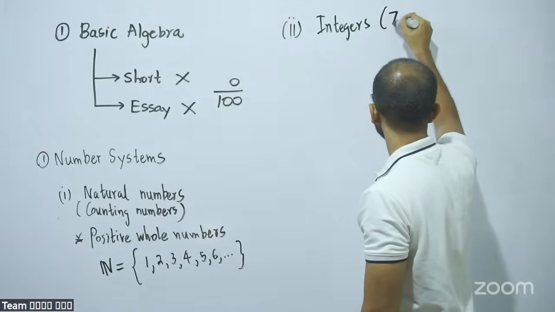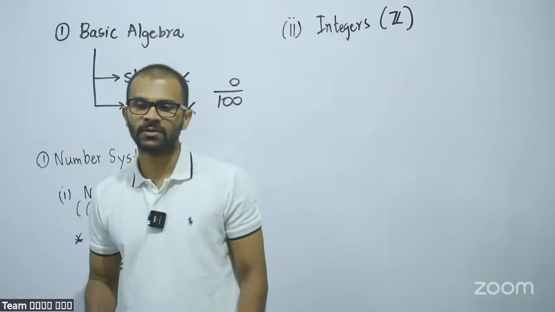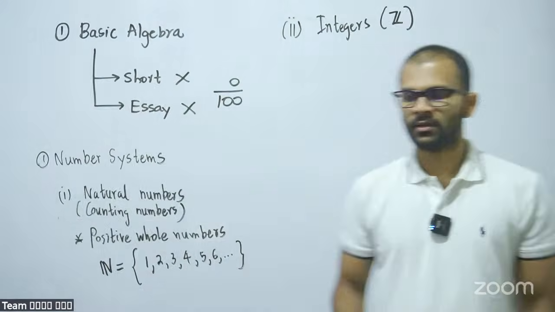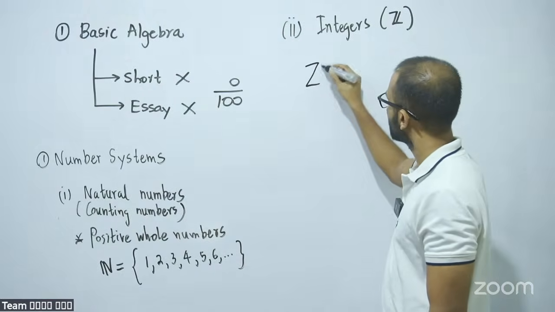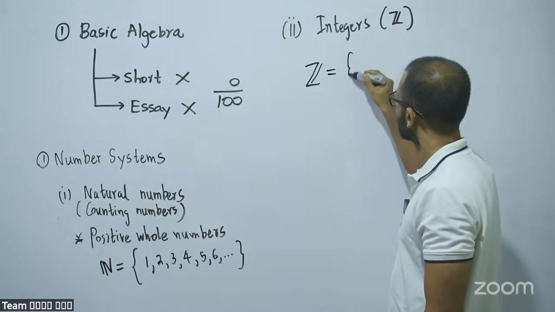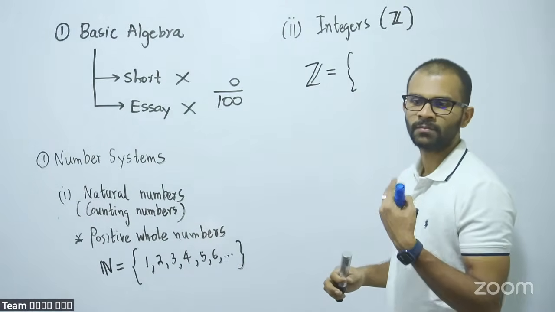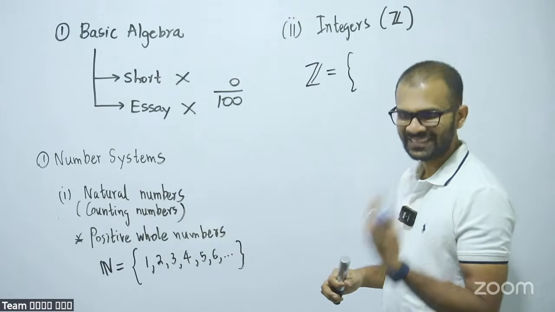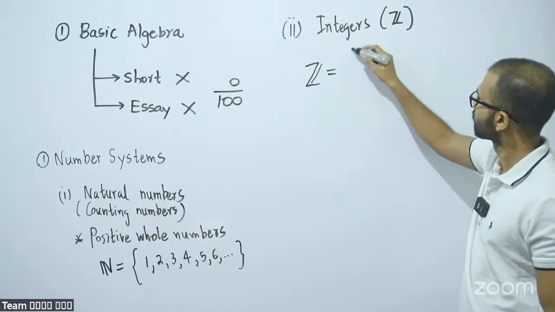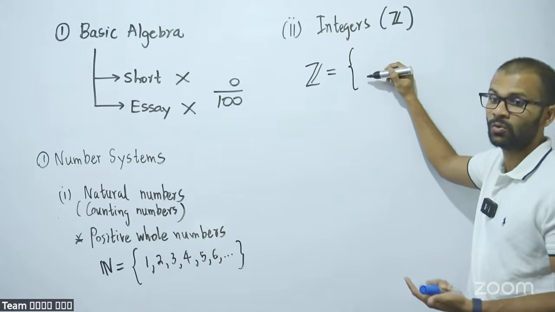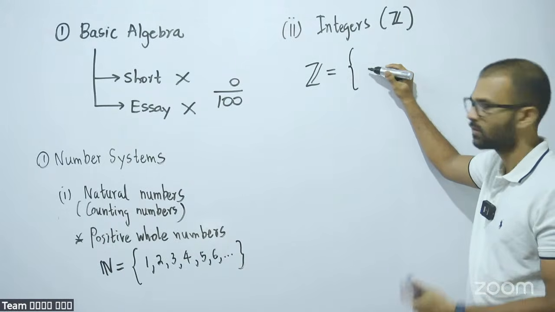And the notation will be Z. In German, it's called Zahlen, right? So for integers, we label it as Z, which includes the set of integers. It will include negative whole numbers, 0, and positive whole numbers.